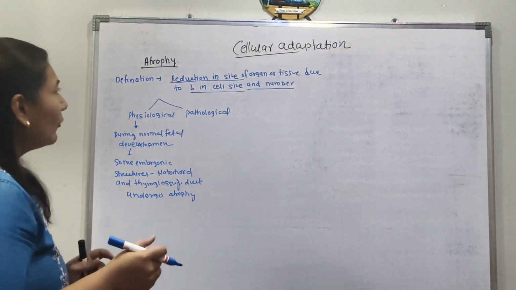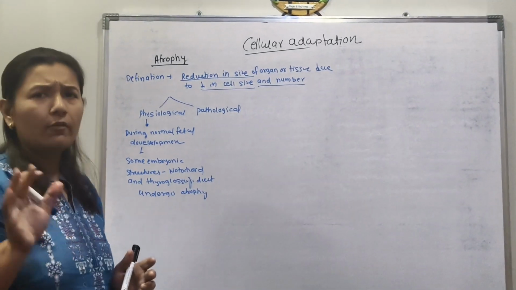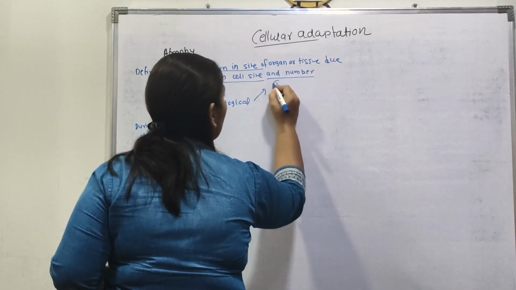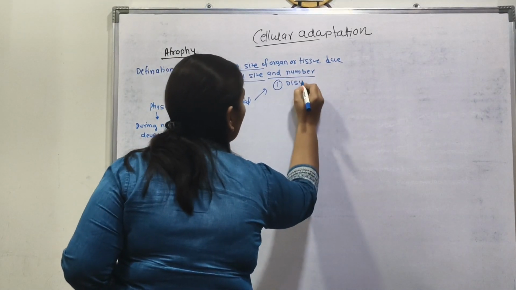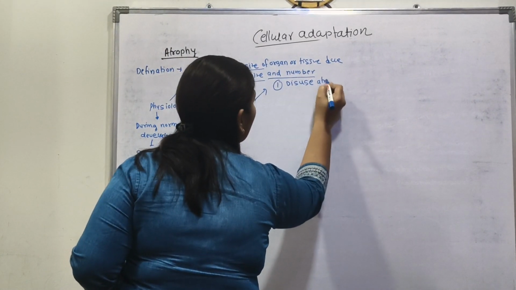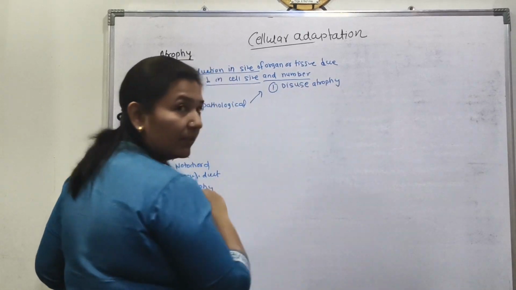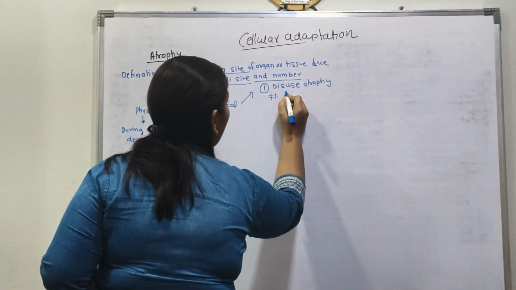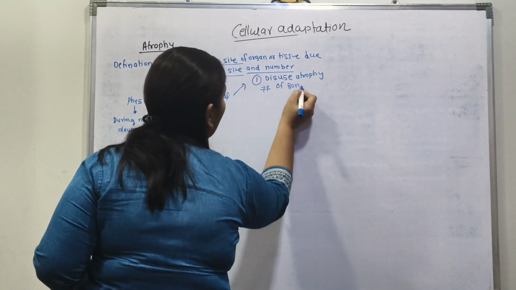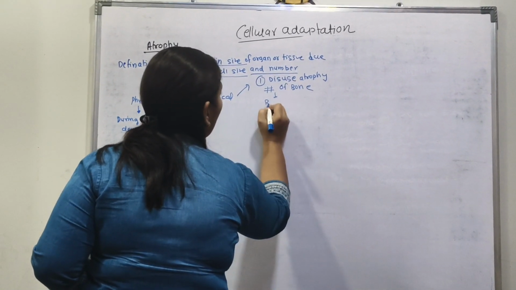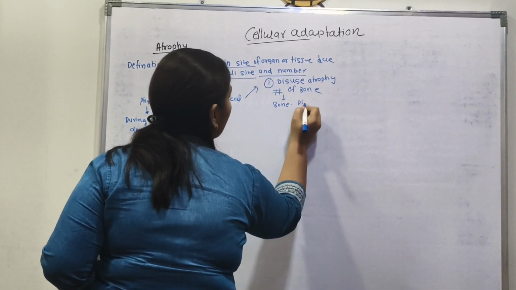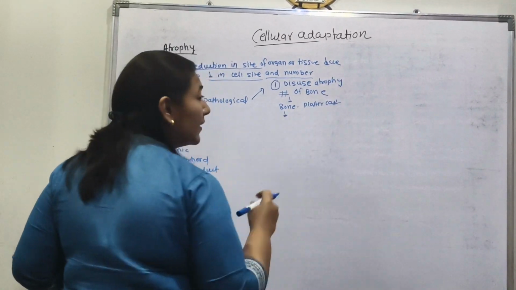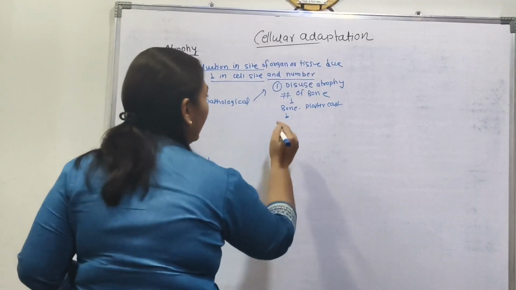Then what is pathological atrophy? Pathological atrophy has several causes. What are the causes of pathological atrophy? The first one is disuse atrophy. What is disuse atrophy? For example, when there is a fracture of bone, the bone is fixed in a plaster cast and the patient is on complete bed rest.